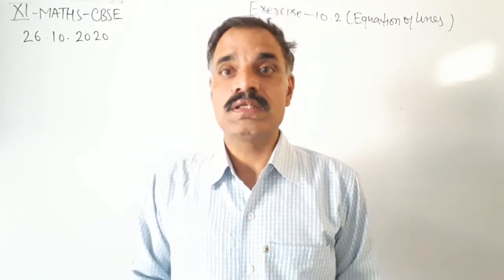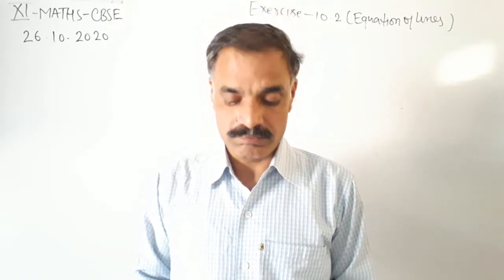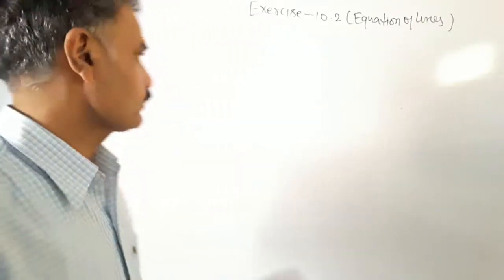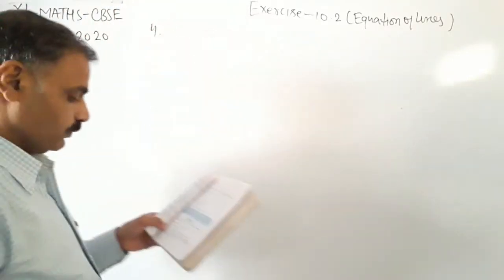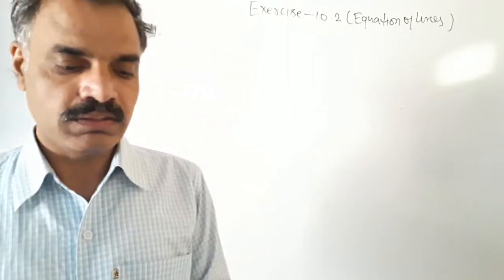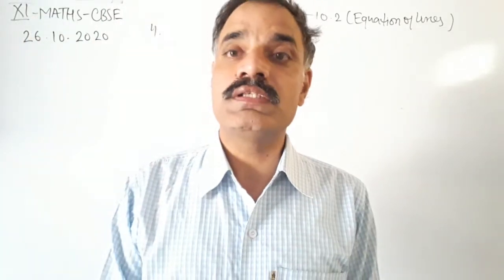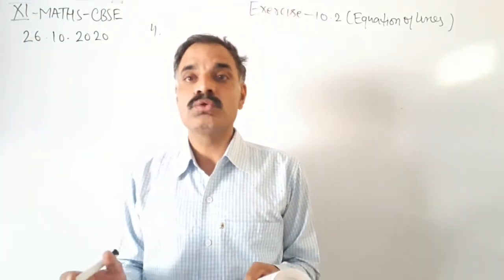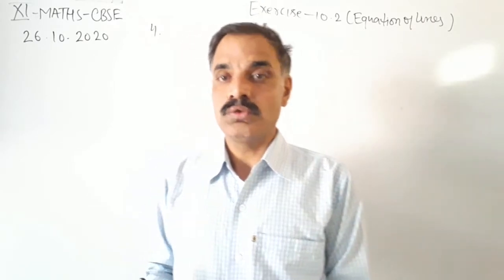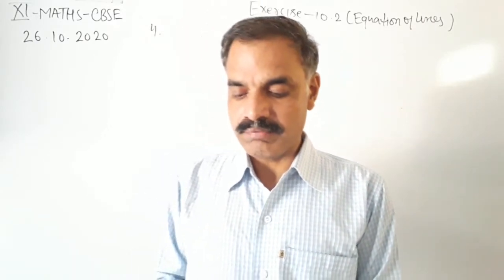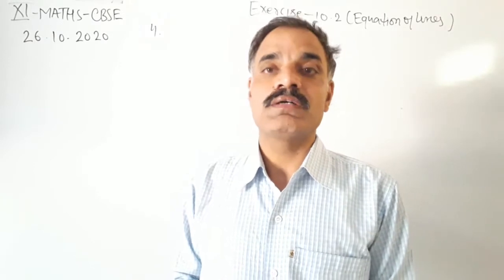So without wasting the time, let's start with question number 4. Find the equation of the line which is passing through the point 2, 2 under root 3 and inclined with the x-axis at an angle of 75 degree.